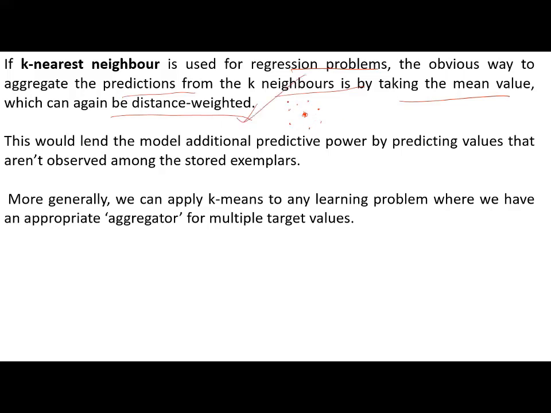This would lend the model additional predictive power by predicting values that are not observed among stored examples. More generally, we can apply k nearest neighbors to any learning problem where we have an appropriate aggregator for multiple target values, a slight variation in voting. So this is how k nearest neighbor can be used for regression problems.